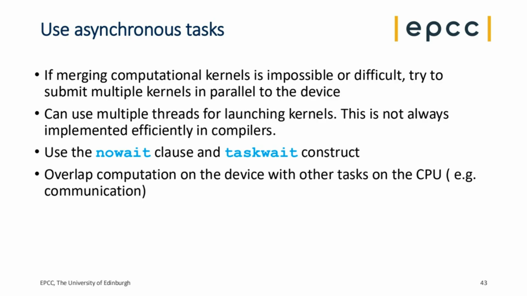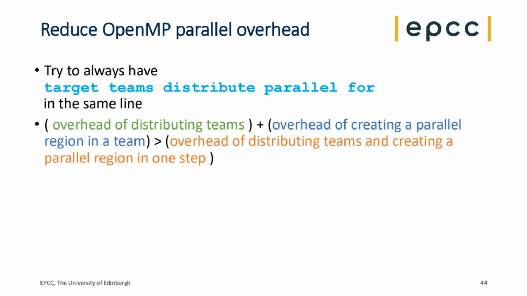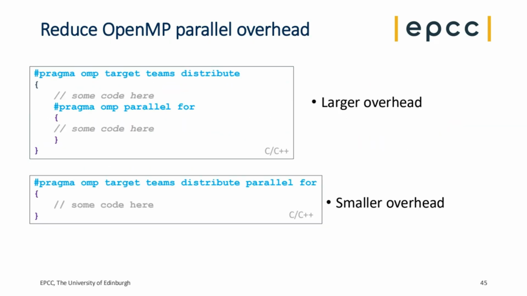And finally, when you use OpenMP directives like this, with your construct and various keywords after it, there is a certain amount of overhead associated with each of those OpenMP directive lines. So if you can minimize the lines, that reduces the overhead slightly, I think.